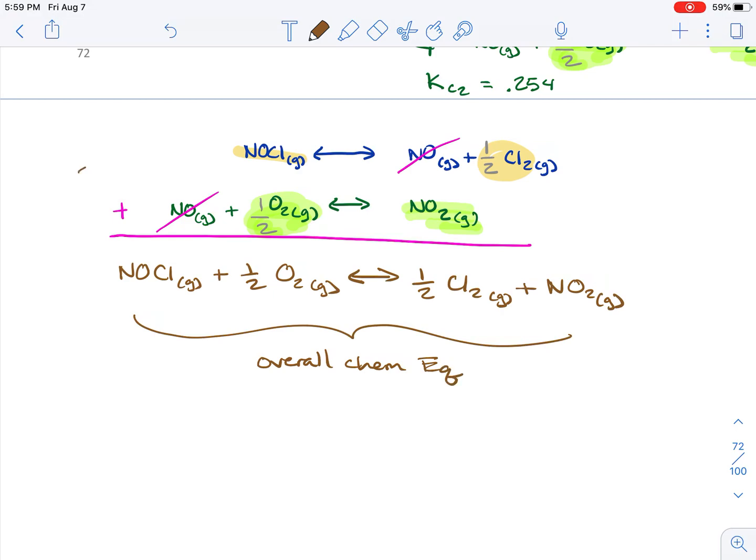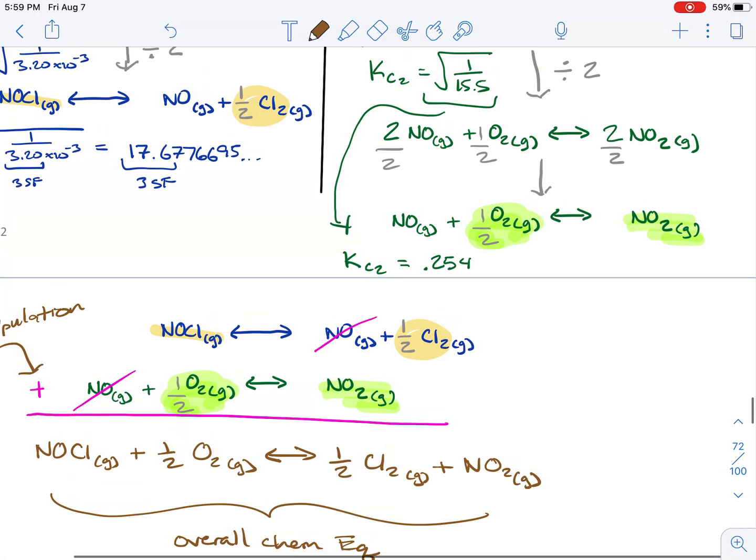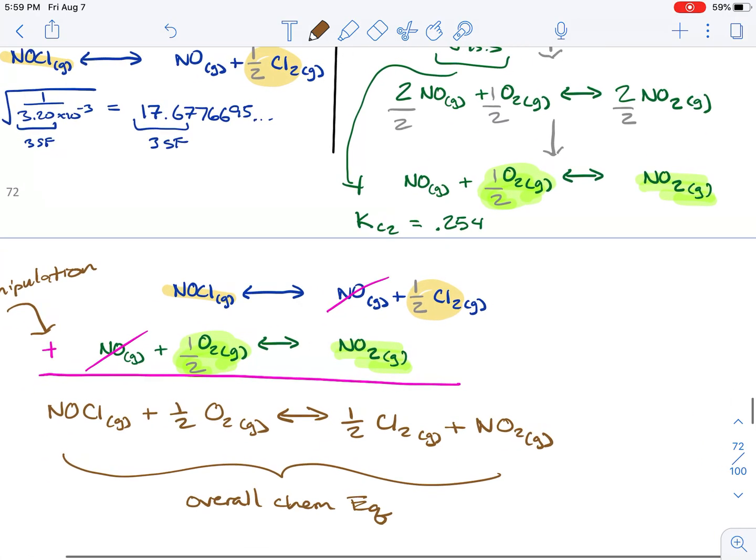Now, since this is a manipulation of two chemical equations, that means we need to do something to their equilibrium constants. If you recall, the Kc value of this is going to be 17.7. I'm just going to go ahead and round it. And the Kc value of this is equal to 0.254.